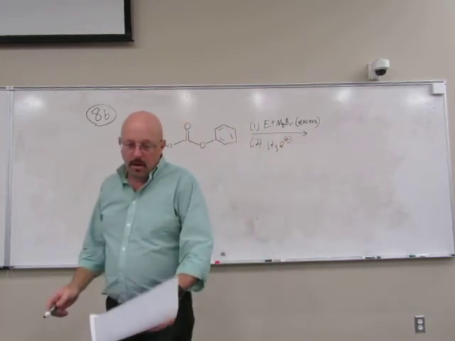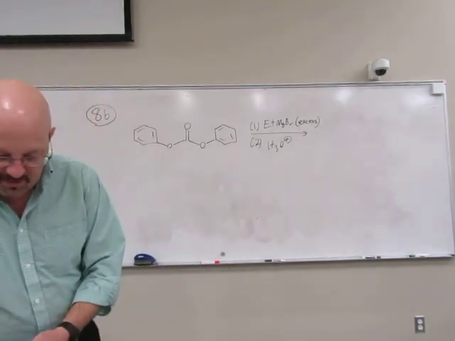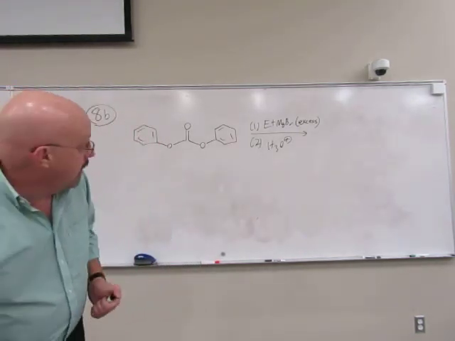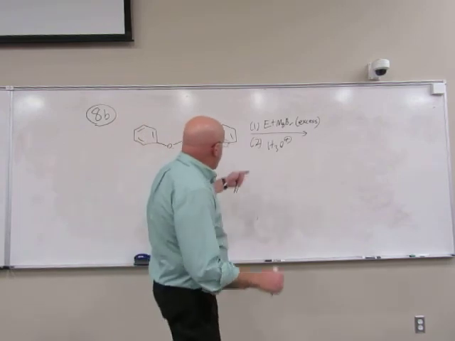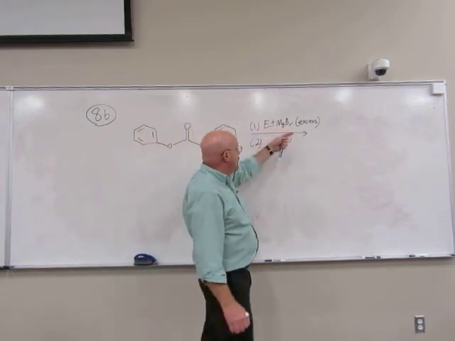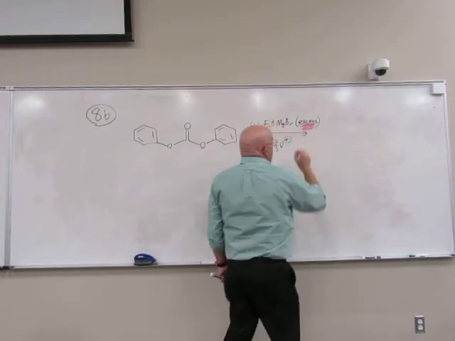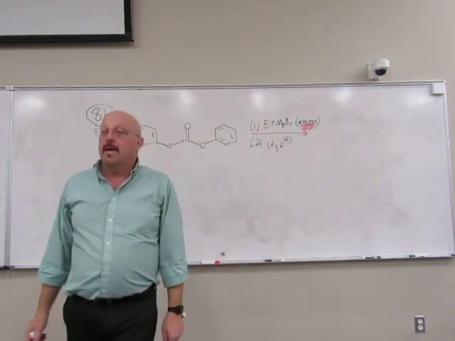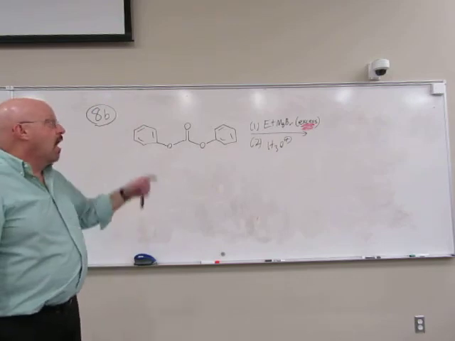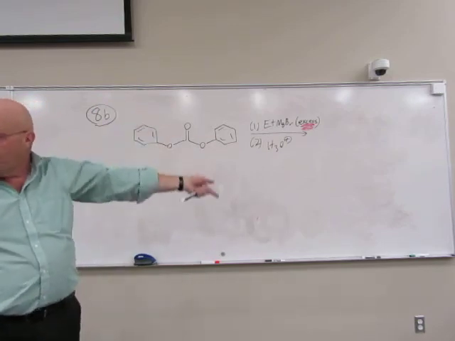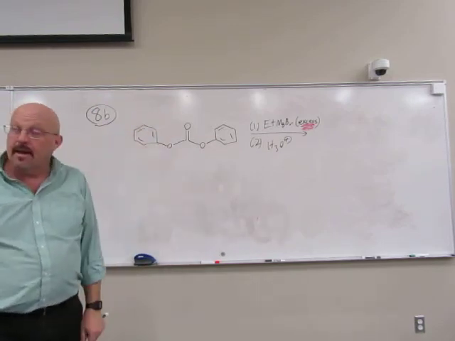Okay. Now, one thing that stands out to me here, notice that on our first step, we're adding ethyl magnesium bromide, and it says excess. That means you have all that you need to do anything. So it's not just one equivalent. There's an excess, so there's like 10 equivalents in there.